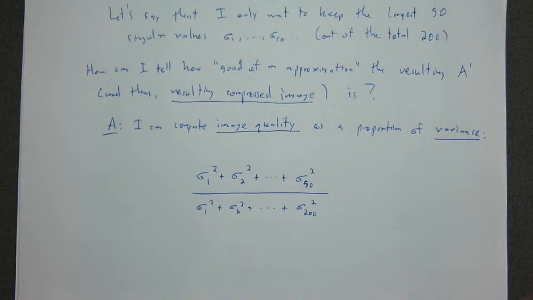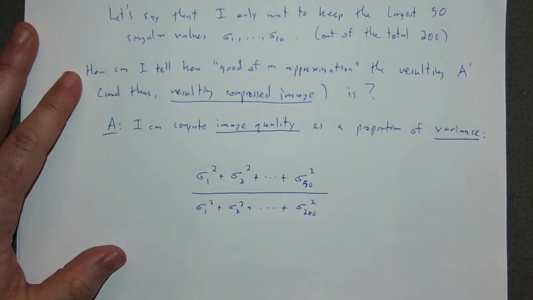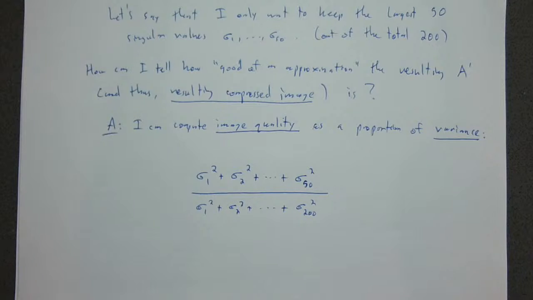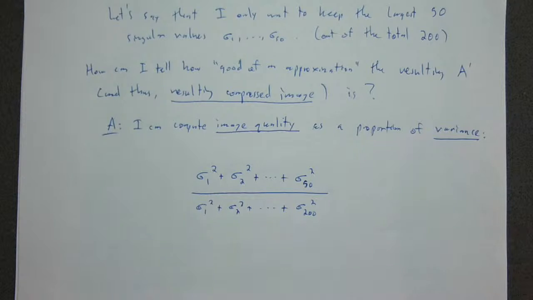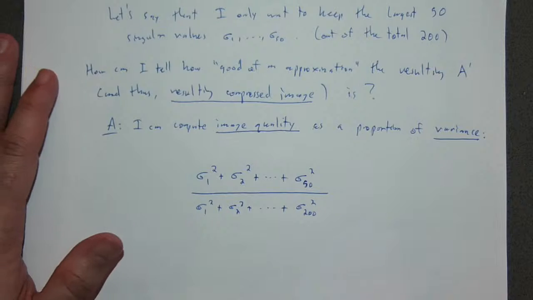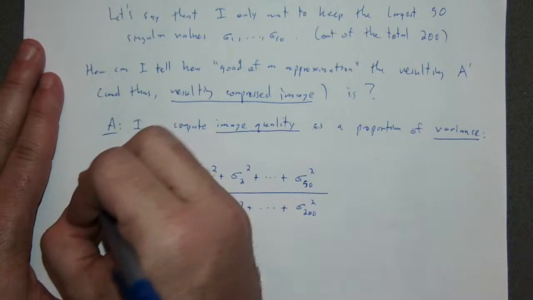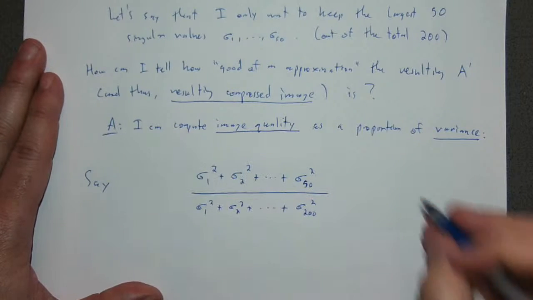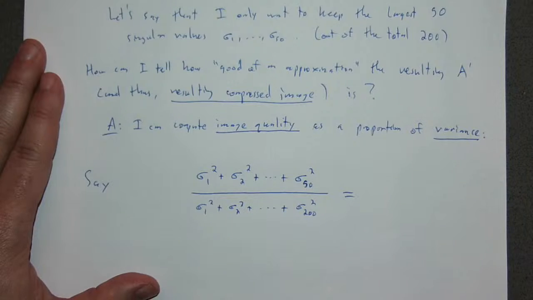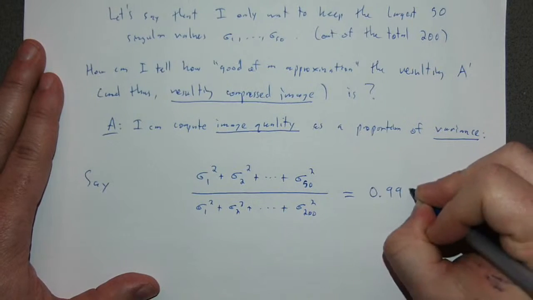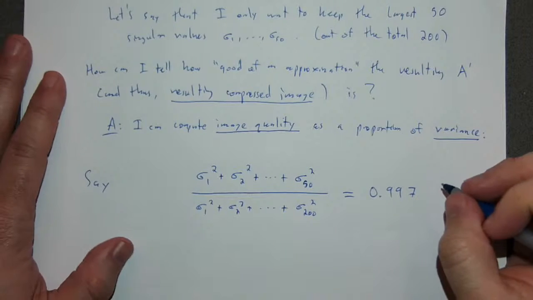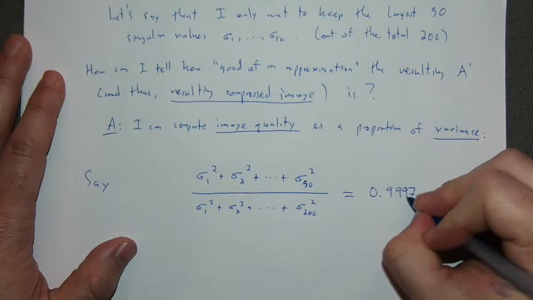And so let's say, for instance, if you're watching and you are curious as to what comes next, I'm just going to make up a number here. Okay, so I'm just going to make up a number. So let's just say that, I'll maybe even write this, when I actually compute this, let's say that this is equal to 0.9997 and so on.